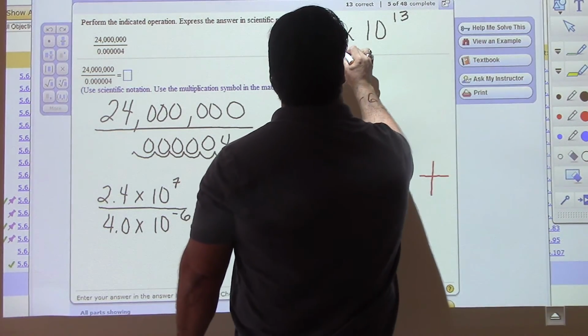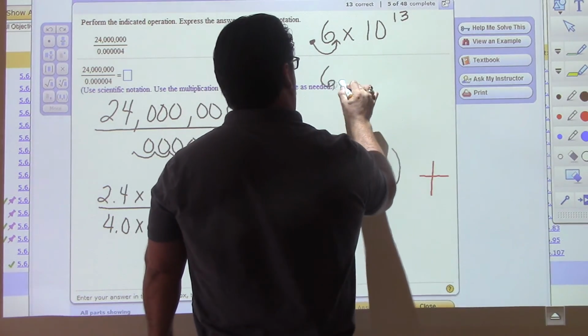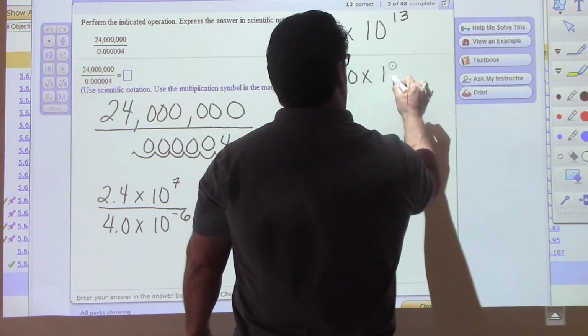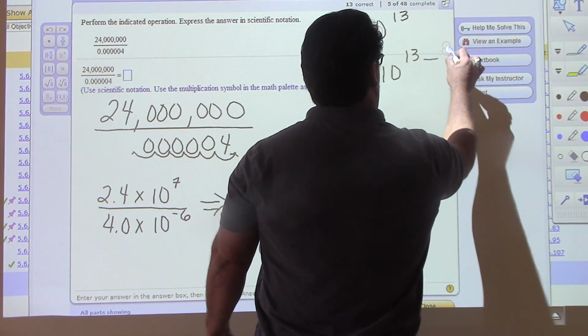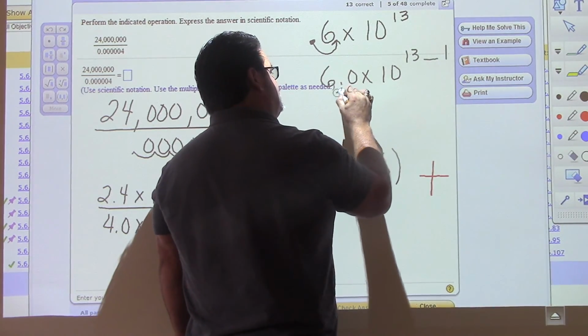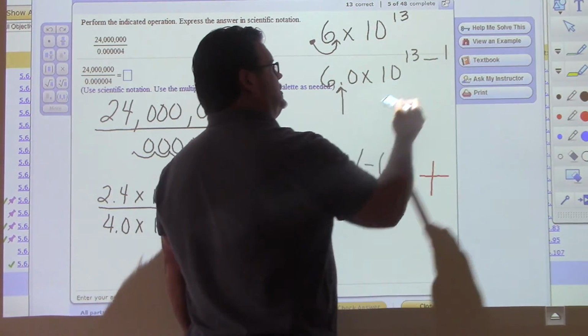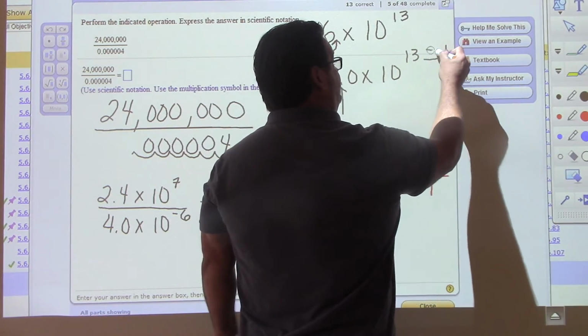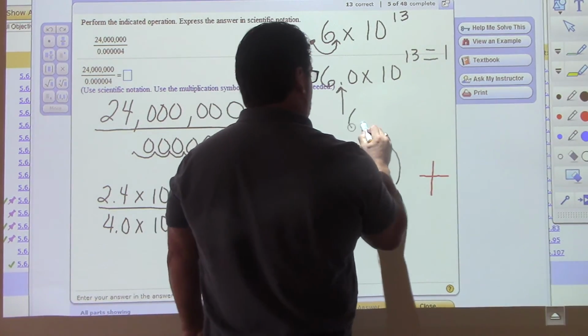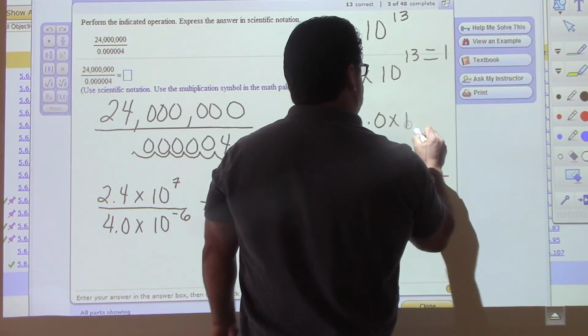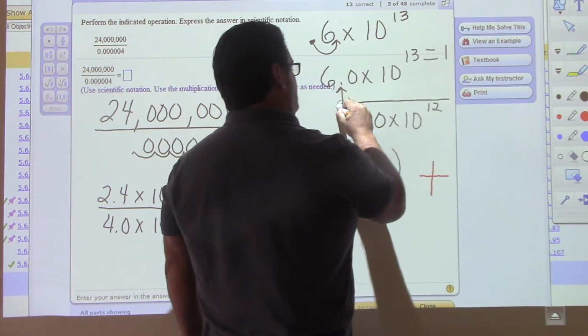Got to move it one place. So that's 6.0 times 10 to the 13 minus 1. Which way did I move this decimal to get it back the way it was? To the left. So 6.0 times 10 to the 12th power is your final answer.